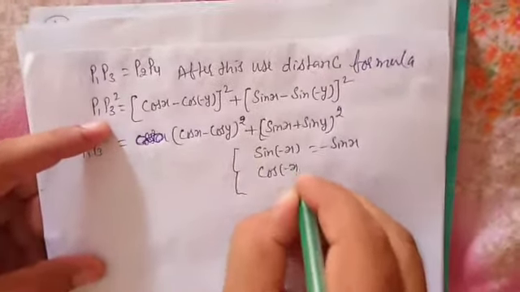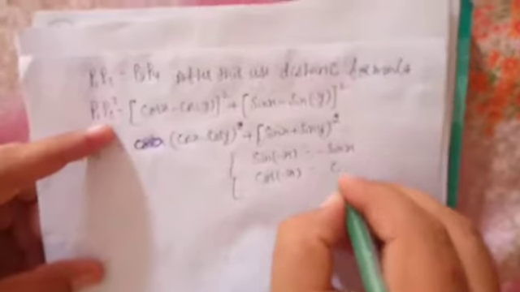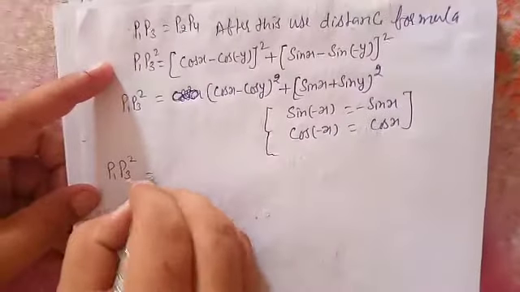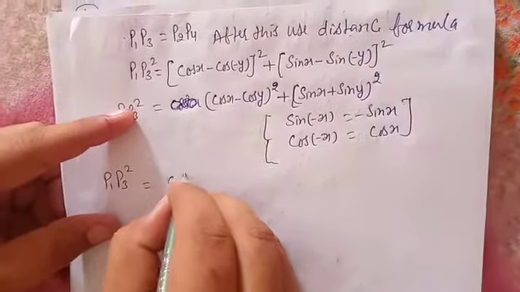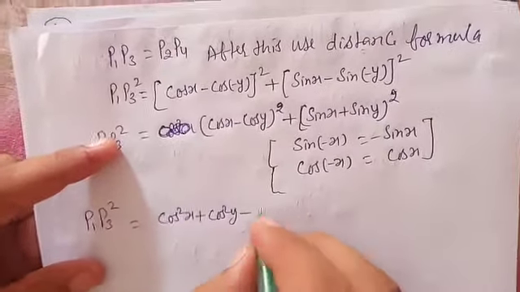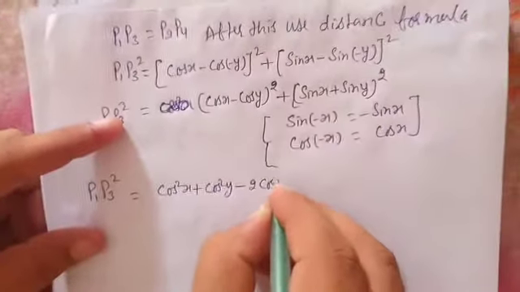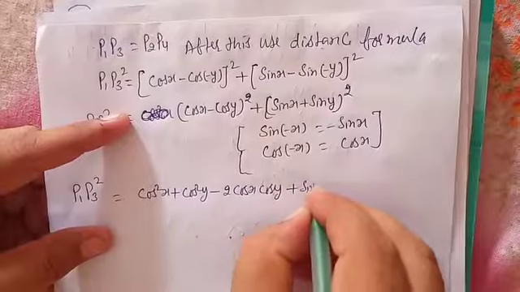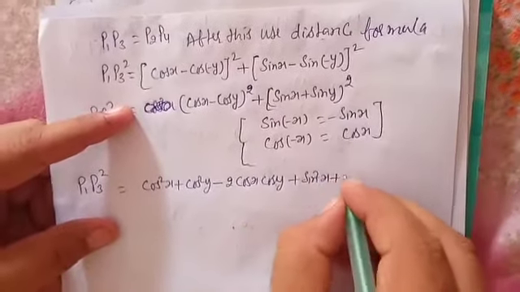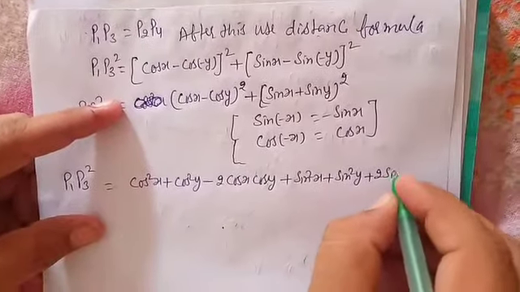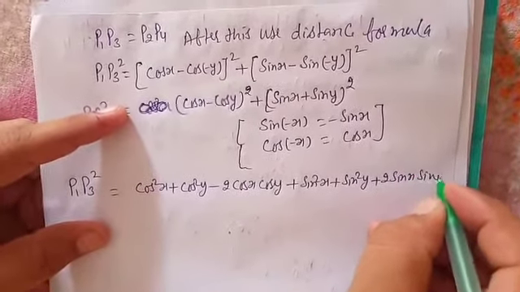Cos of minus x is equal to cos x. So what becomes? This becomes a square plus b square minus 2ab, plus sin square x, sin square y, and 2 sin x sin y.